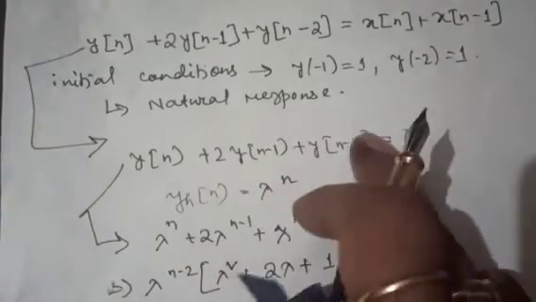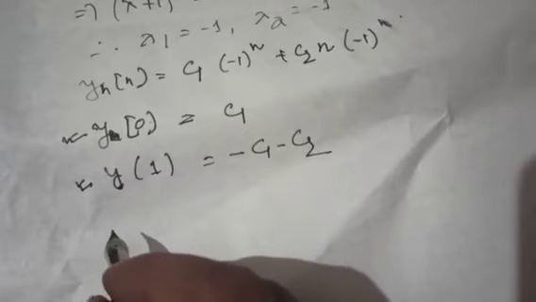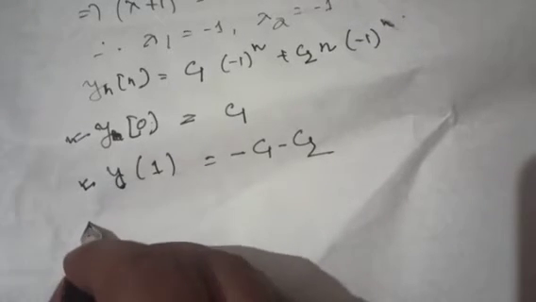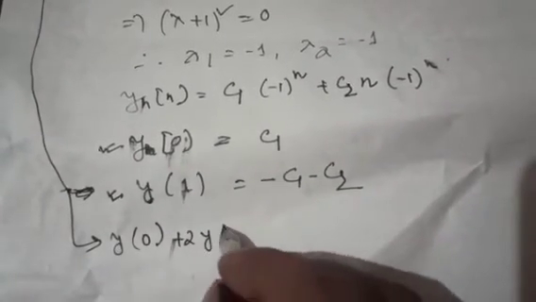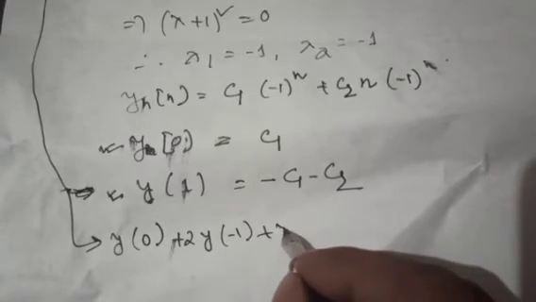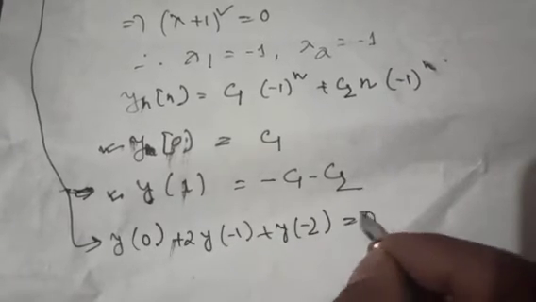In this equation, if we put n is equal to 0, then it will be y of 0 plus twice y of minus 1 plus y of minus 2 is equal to 0.